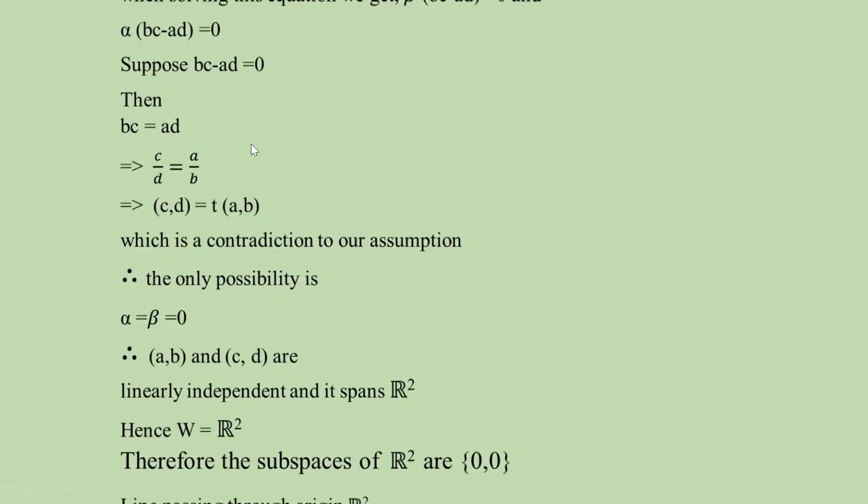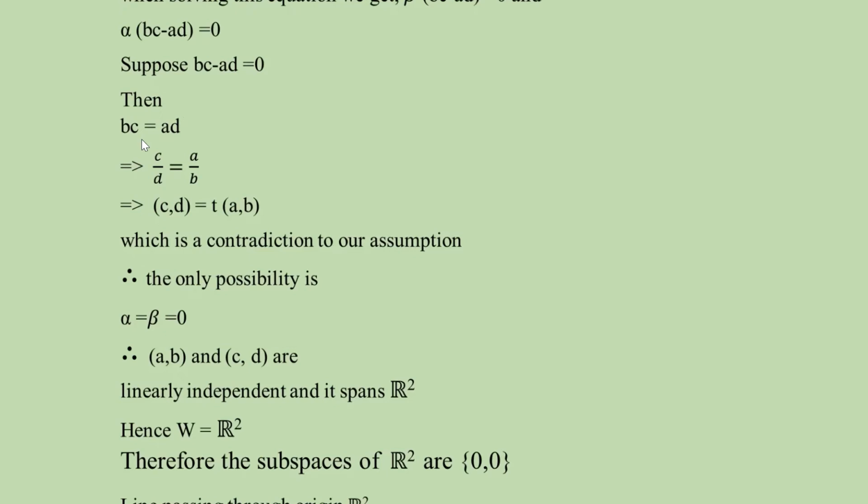Then when solving these equations, we get beta times (bc minus ad) equal to 0 and alpha times (bc minus ad) equal to 0. So suppose this bc minus ad equals 0, then what do we get? That is bc equal to ad.